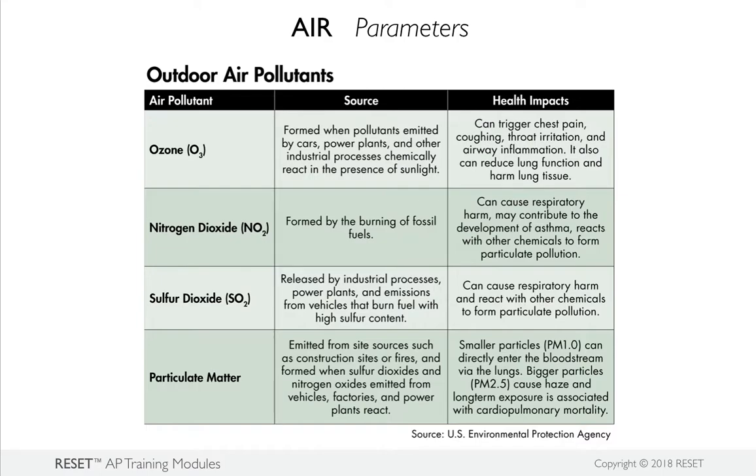But for the most part, when we talk about outdoor air and pollution, most countries, this is an example of the US EPA, most countries are considering the air pollution as an agglomerate of several different pollutants. And in this case, US EPA looks at ozone, nitrogen dioxide, sulfur dioxide, and particulate matter.